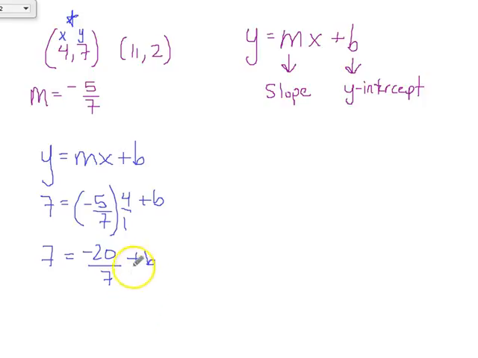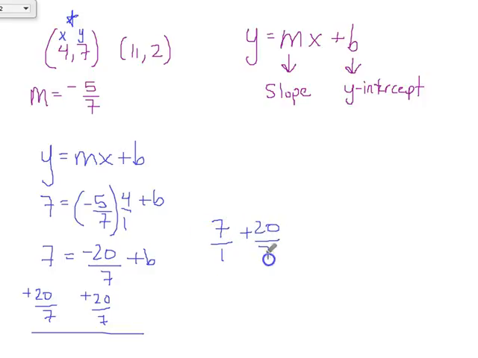Now to solve for b, we've got -20 over 7, so we need to add 20 over 7 to both sides. So really what we're doing here is adding 7 over 1 plus 20 over 7. So a little bit of work here. Because we've got a fraction, we have to have common denominators to add our fractions.